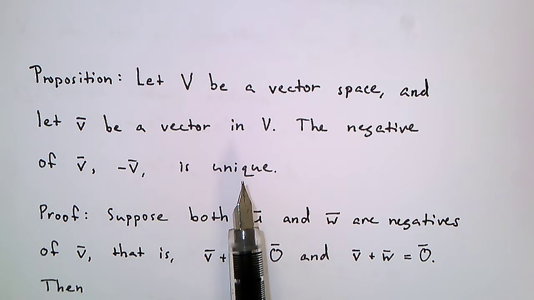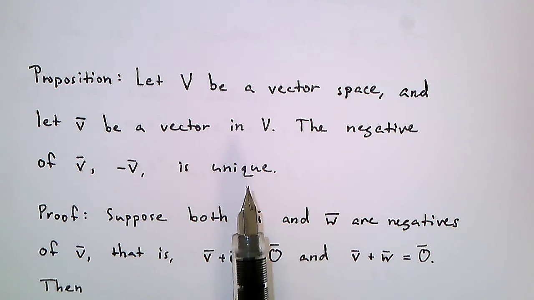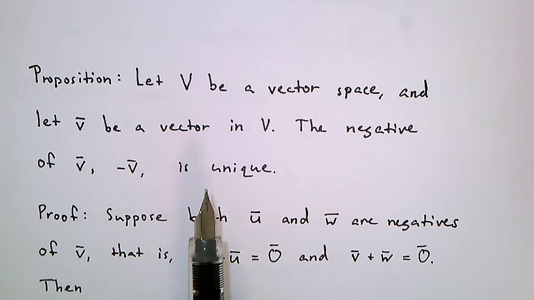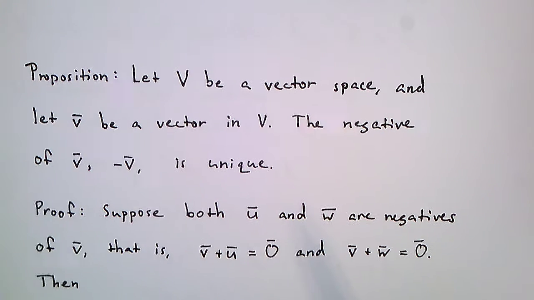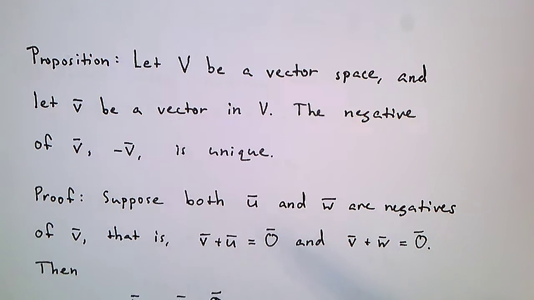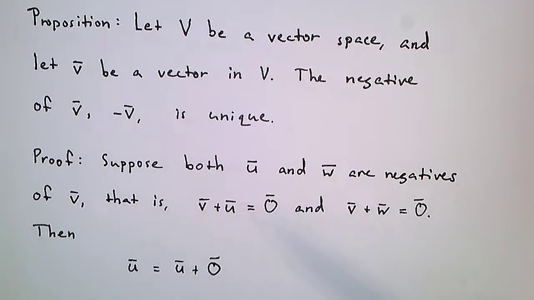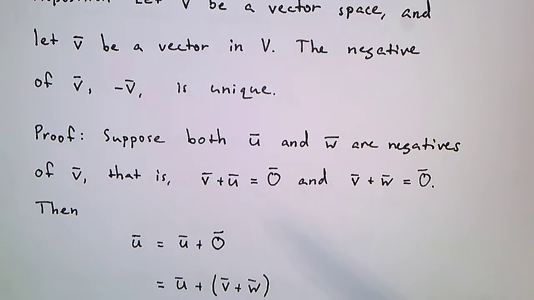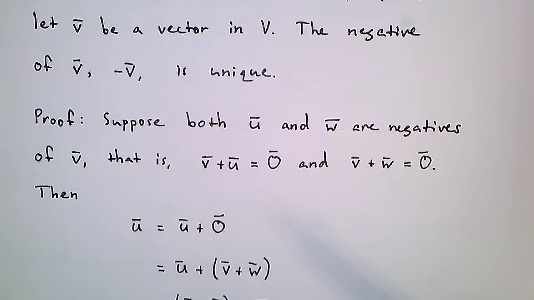So that means there's not more than one negative of v, and if we find two negative v's, or two things written differently, and we know that they're both negatives of v, then they're actually the same to begin with, which is what we have to do to prove part 3 of this theorem. We have to show that something is the negative of v.